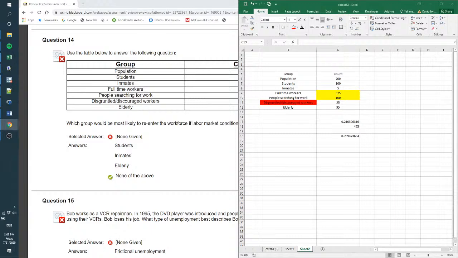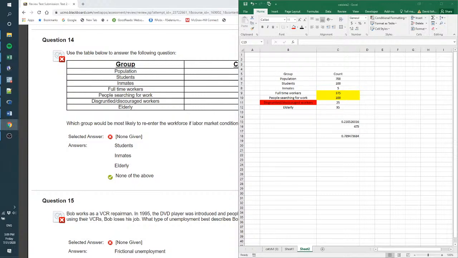I think the answer is clearly none of the above, because the disgruntled, discouraged workers would clearly re-enter the workforce. It's implied by the table that they were in the workforce, but now they're not because they took their ball and went home. But you could very easily make the argument that students might re-enter the workforce if labor market conditions improved.